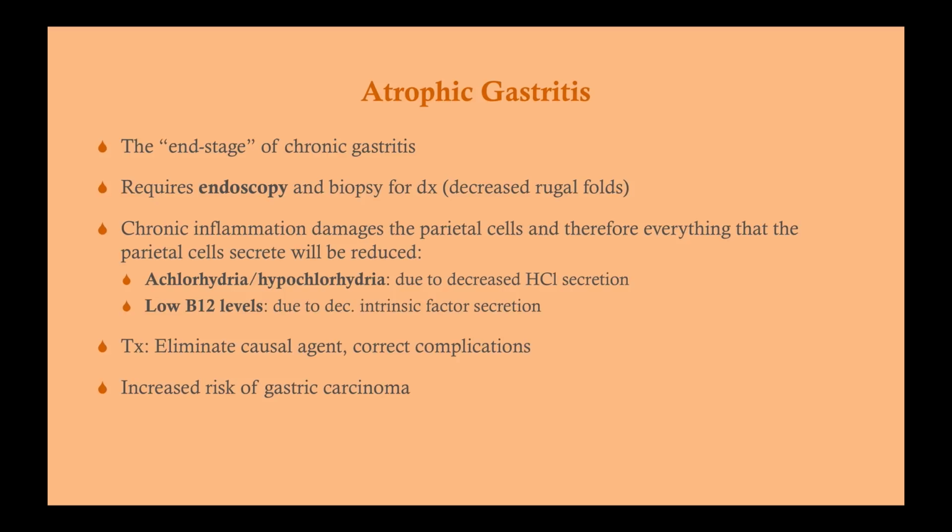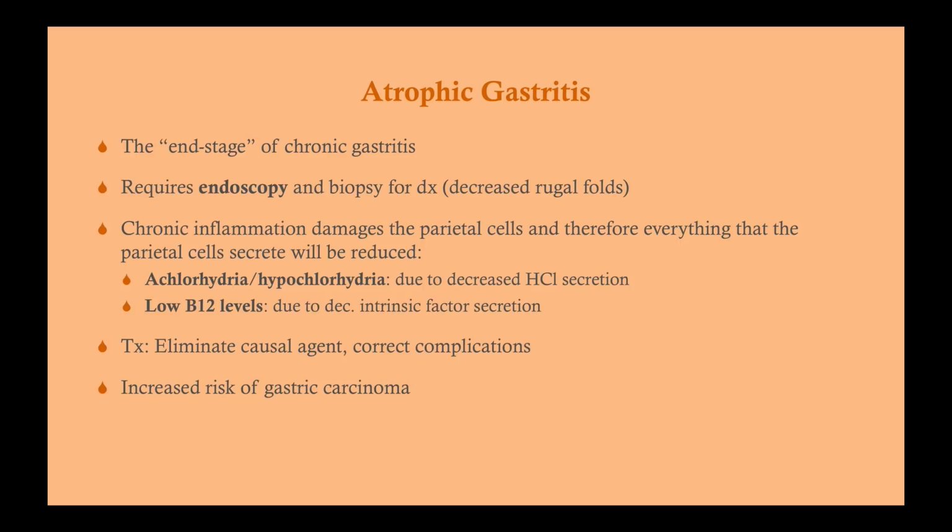And then atrophic gastritis, wrapping up here, is the end stage of chronic gastritis. So any cause of gastritis, if you have it long enough, eventually you're going to result in atrophic gastritis. The only way you can diagnose this is with endoscopy and biopsy. With endoscopy, it can be clear macroscopically just by the decreased rugal folds. However, you'll also notice it on biopsy if you do that.